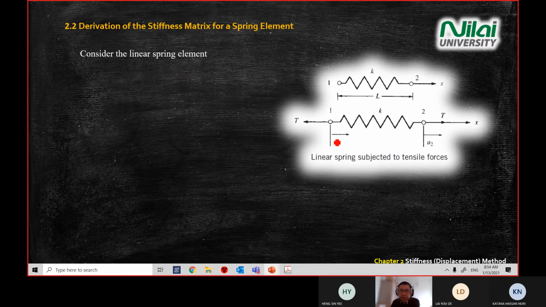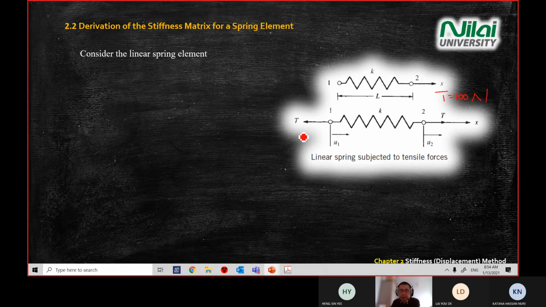Point 1 will move with a displacement u1. Point 2 will have a displacement of u2. Now, if you have a T value here, let's say T equal to 100 Newton.